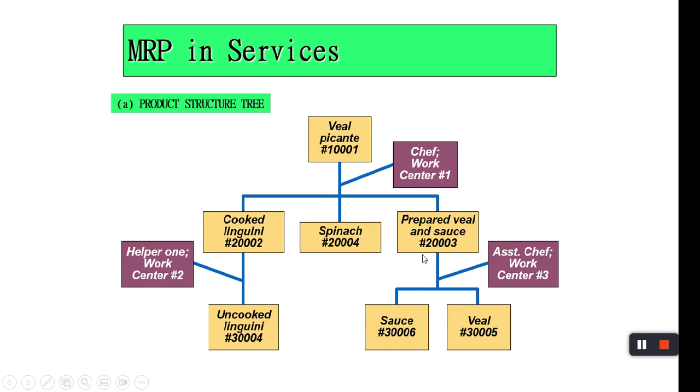So the one that will prepare this is your assistant chef, who should work in work center number three. And then after all these subcomponents are prepared, the head chef will work at work center number one to cook or to prepare this particular dish.